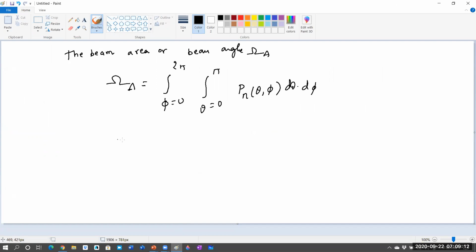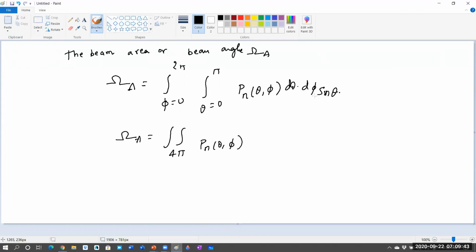So omega equal to the double integral of 4 pi Pn of theta comma phi, sin theta d theta d phi.